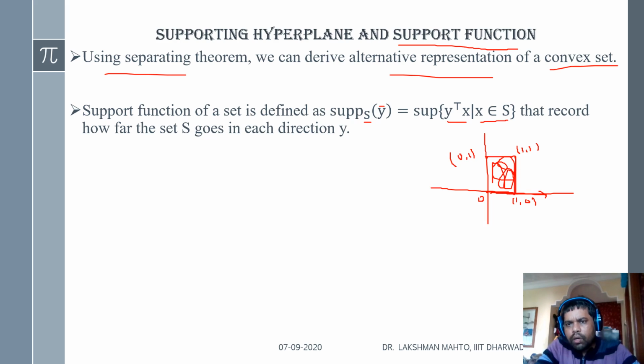The projection of all these points will fall on this boundary, on this side. If you take any point here, the projection will go up to this. If you take this point, the projection will fall vertically on the origin itself, 0. So what is the length of the maximum projection? Definitely in the direction of 1 0 you will get 1.